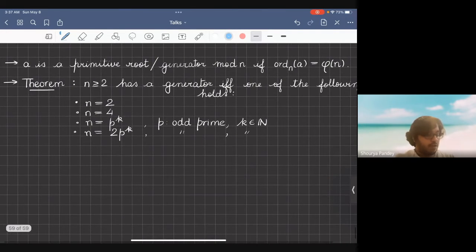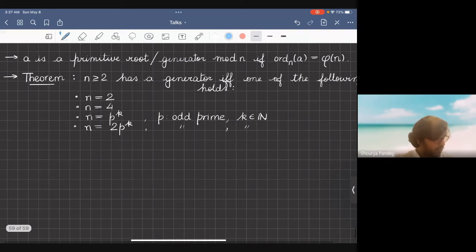Great. So let's start off with a very basic problem. How do we show this? Suppose p is an odd prime.